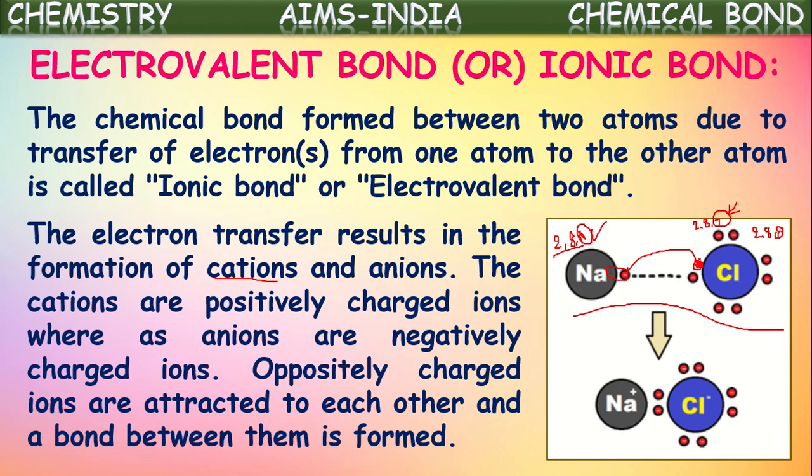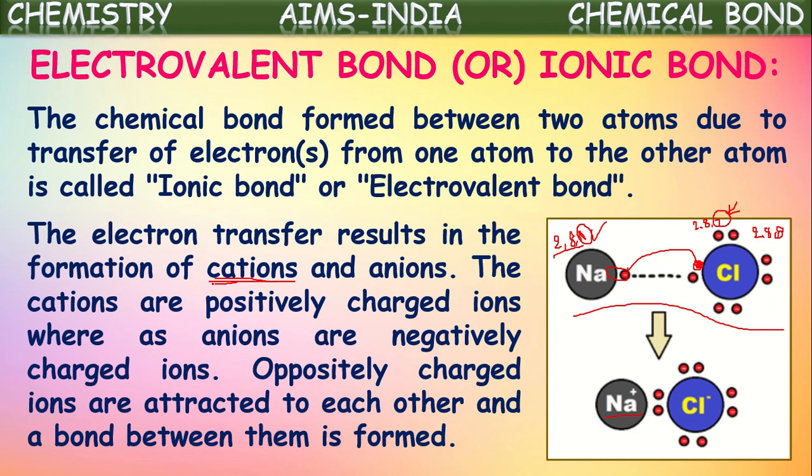So if you observe, sodium is losing one electron. By losing one electron, sodium forms the sodium ion, that is Na plus ion, which is called a cation. So a positive ion is called a cation, as we know. At the same time, chlorine is gaining one extra electron.